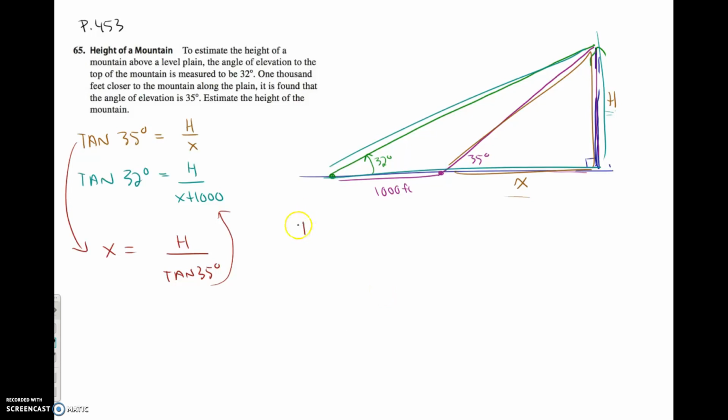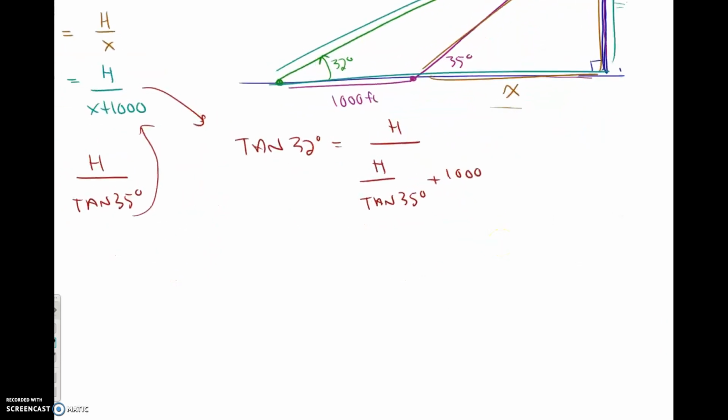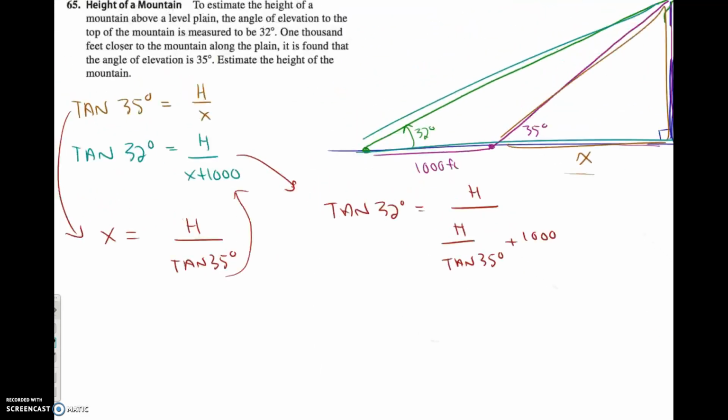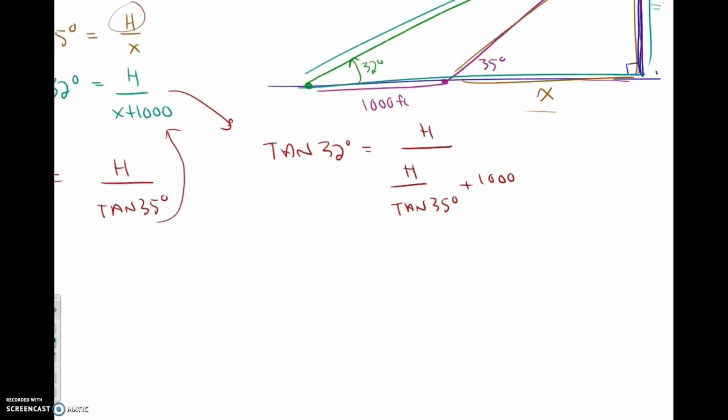So the new equation is the tangent of 32 degrees equals h over tangent of 35 degrees plus 1,000. Yikes! It's looking a little ugly. I'm going to finish it. I don't care. Cross multiply.